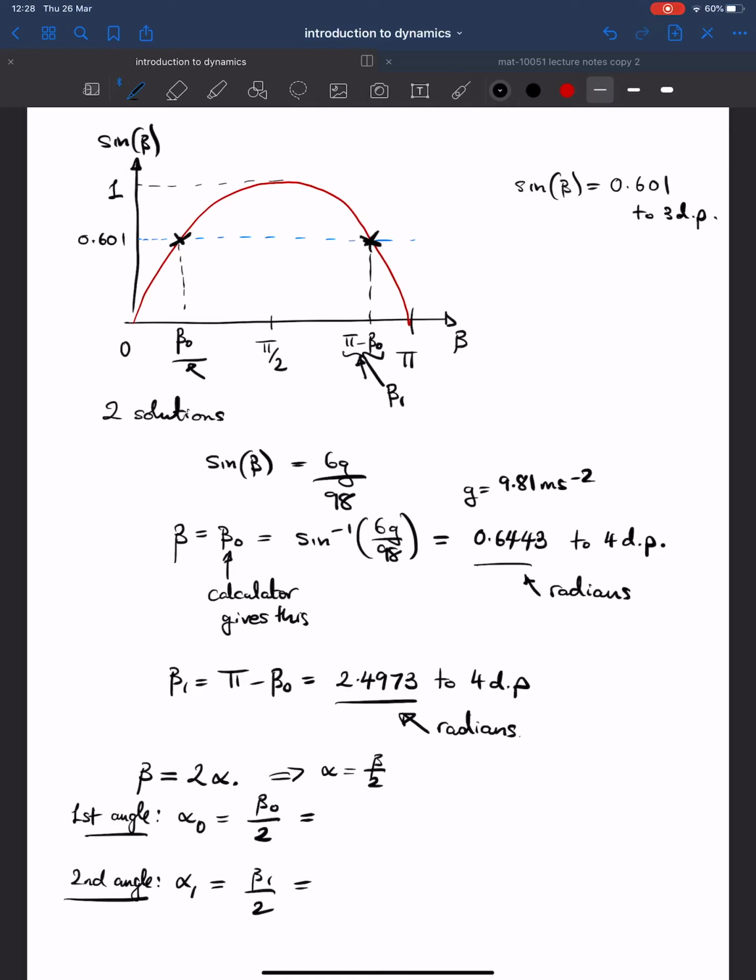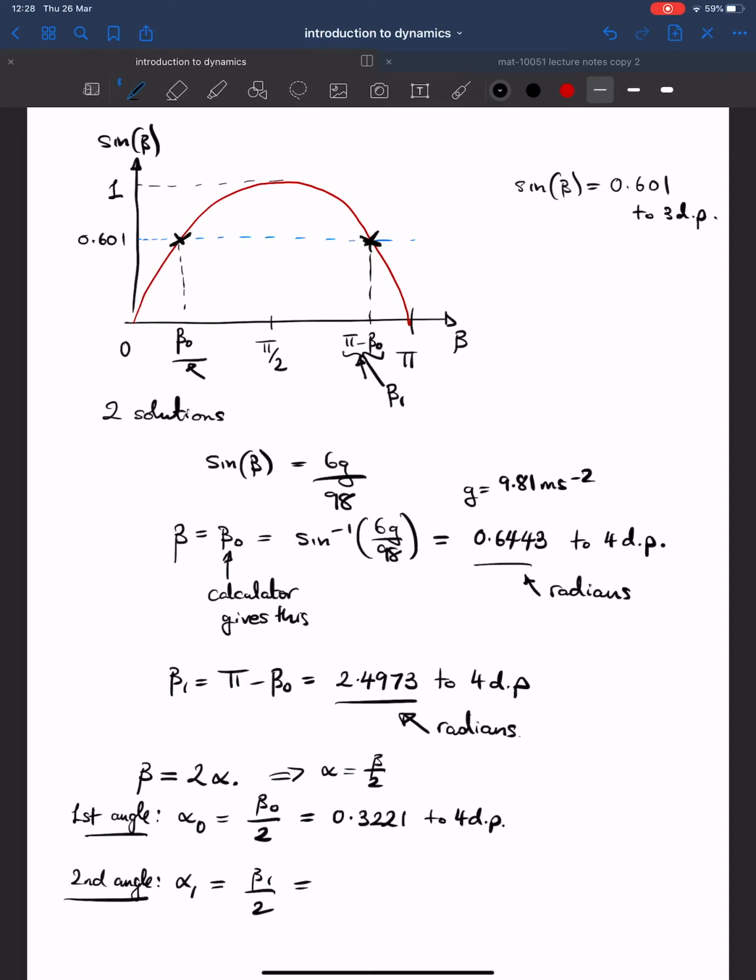Now what I'm doing is I'm taking the first value and dividing it by 2 to try and achieve the right answer. So I get 0.3221 to 4 dp.